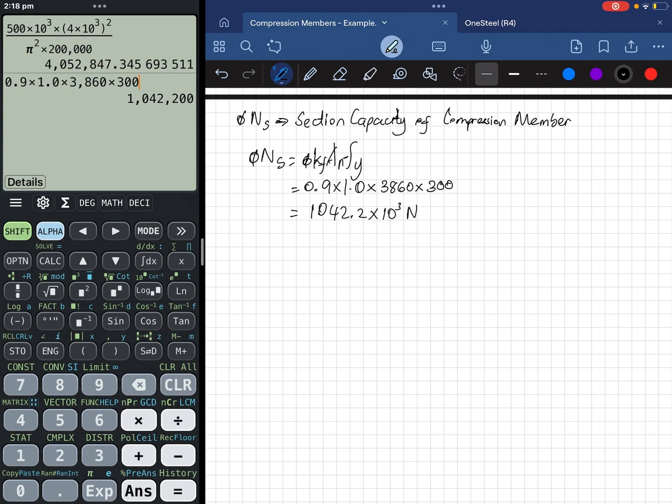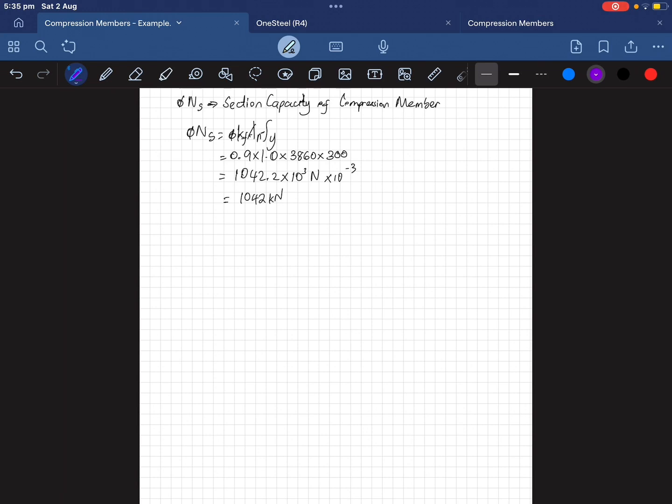Okay, and then to convert from newtons to kilonewtons, again we have to multiply by 10 to the negative 3. So that basically just cancels that, and then we're going to have 1042 kilonewtons.